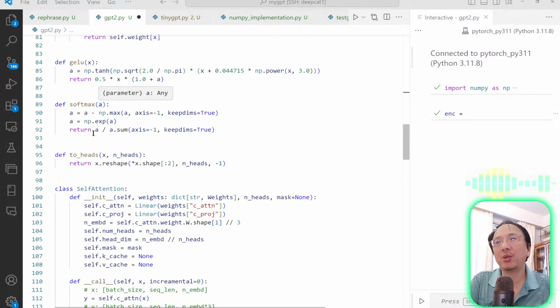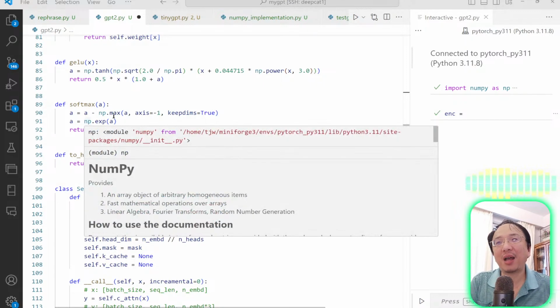And also we implement the softmax. If you have learned what softmax is, this is just an implementation. I'm implementing it in this way, where I first subtract the maximum and take the exponential. Whether or not I subtract the maximum, mathematically the result will be the same.